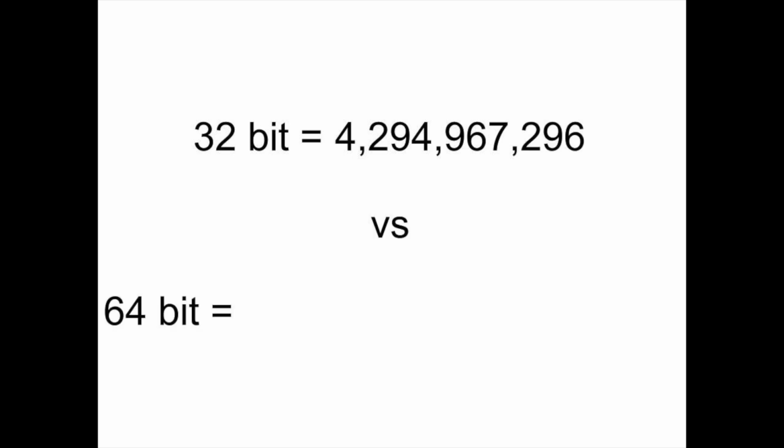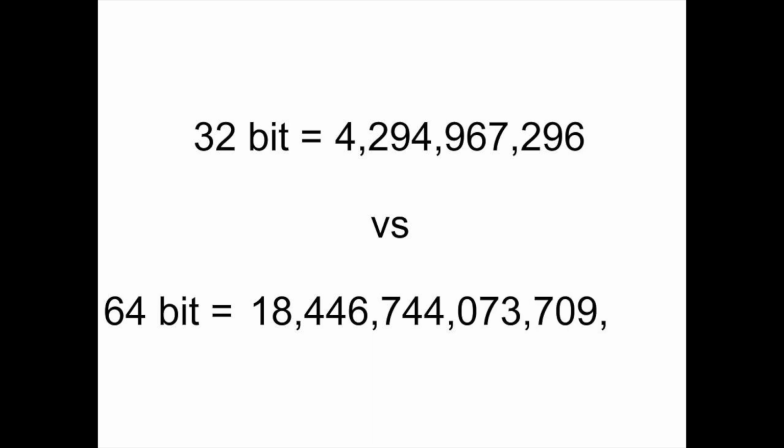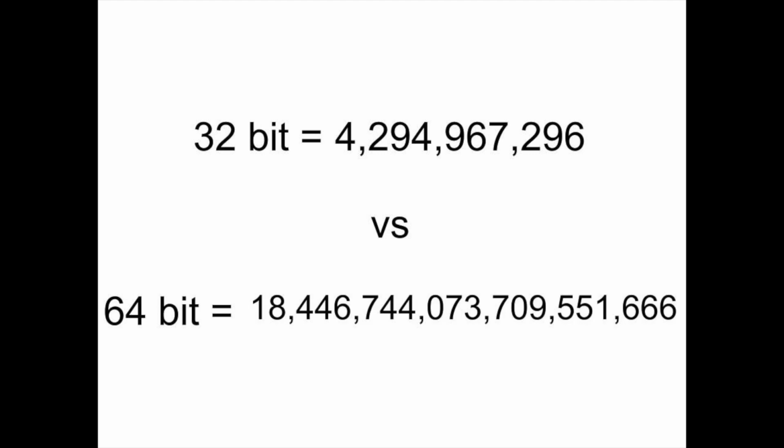In a 64-bit operating system, that number becomes 18,446,744,703,709,551,666. Holy f***, that is a lot more.